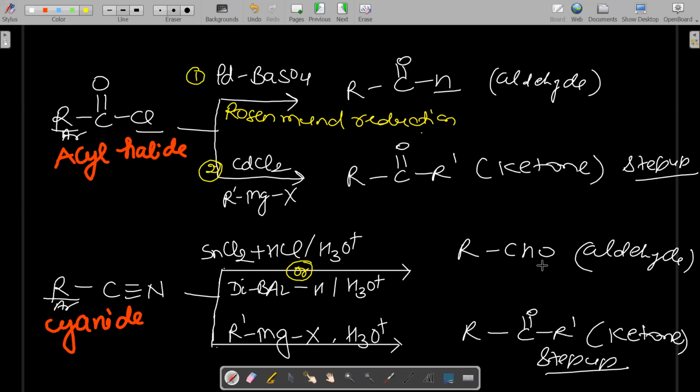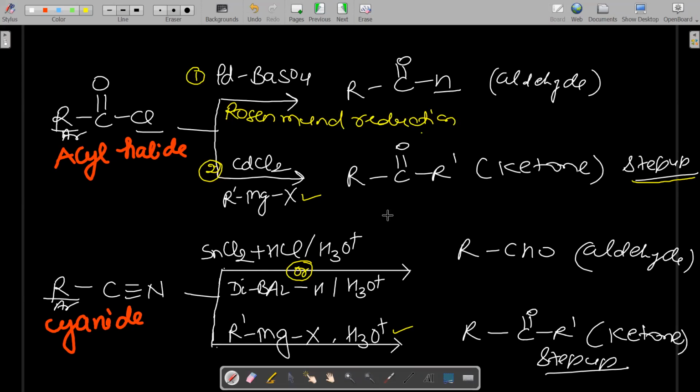Cyanide directly converts into aldehyde using DIBAL-H or SnCl2/HCl, or cyanide reacts with Grignard reagent to form ketone. Okay. And all of you know, when Grignard reagent is used in any reaction, this is used for step-up conversion. Okay. So what common thing are you observing in both cases? Acyl halide forms aldehyde, cyanide also forms aldehyde.